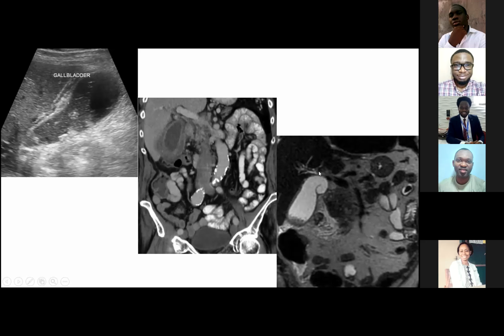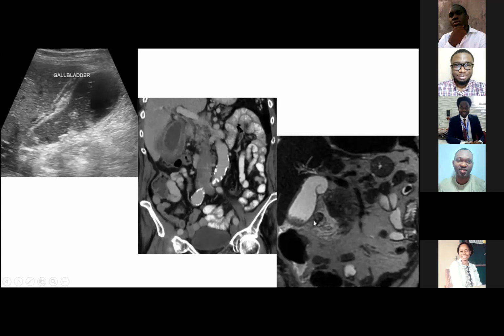Finally, the image on the extreme right shows an MRCP, an MRI scan done to look at the bile ducts and the gallbladder. You can see some filling defects in the gallbladder, with thickening of the wall. So this is also a case of cholecystitis.